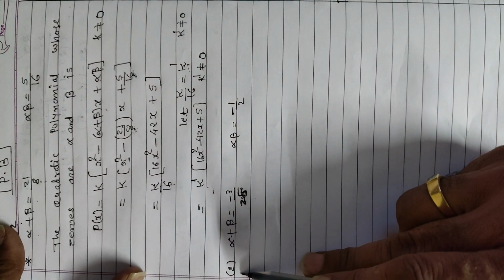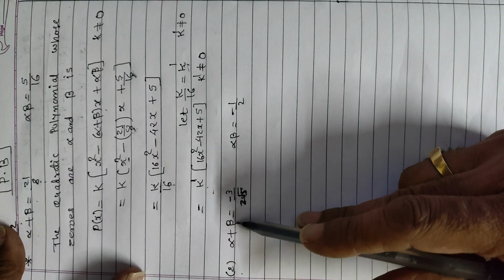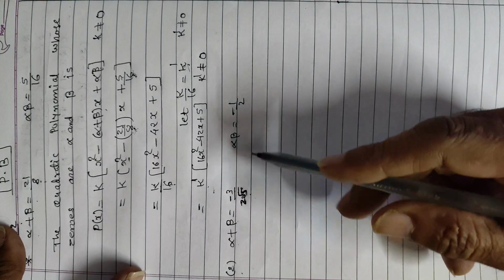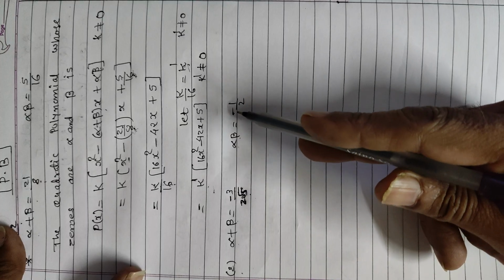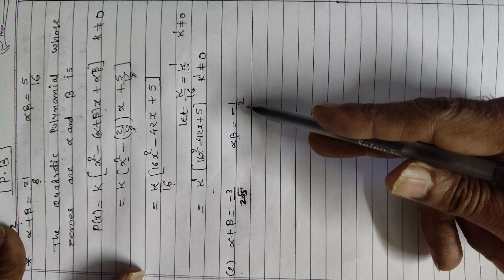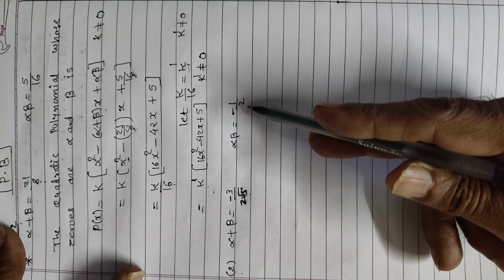Again, second question. Sum of 2 zeros is given -3/2√5. Product of 2 zeros is given -1/2. I want to find out the quadratic polynomial.